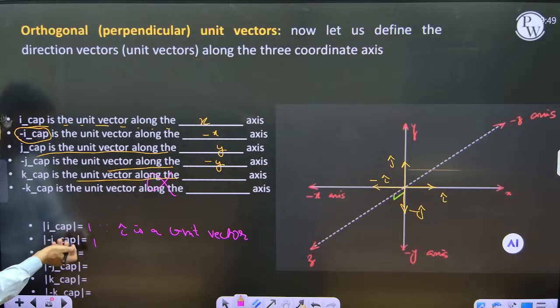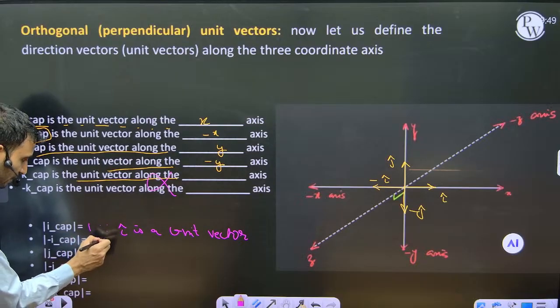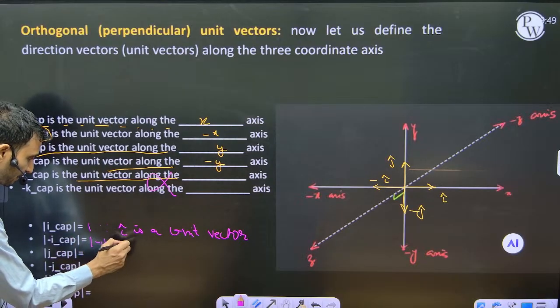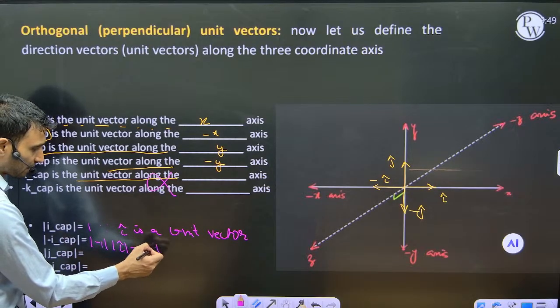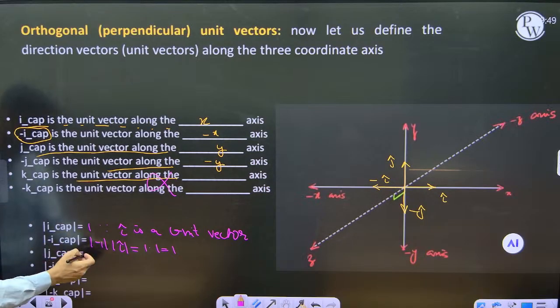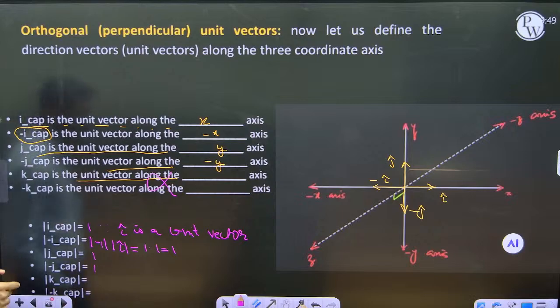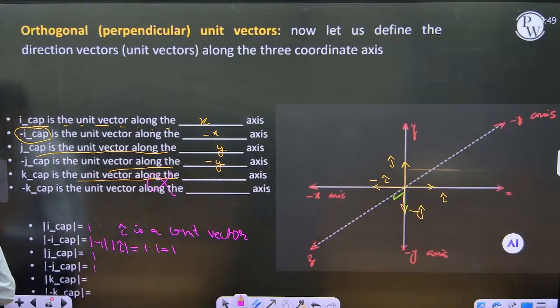I'll tell you how this can be written. This can be written as the magnitude of minus 1 into the magnitude of I cap. And the magnitude of minus 1 is 1, the magnitude of I cap is 1, and 1 into 1 is 1. Similarly, j cap magnitude is 1. Minus j cap magnitude is also 1, and so on. Right? So you can write this.